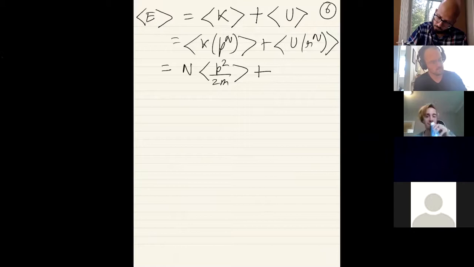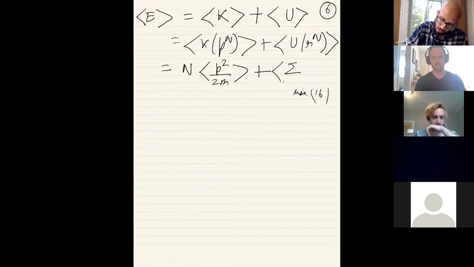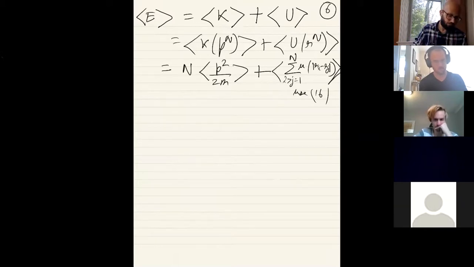So if you use equation 16 here, you can write down the sum that you had, which is the sum over i more than j equal to 1 to capital N of small u modulus of Ri minus Rj. We know the value of the first thing. That is simply capital N.